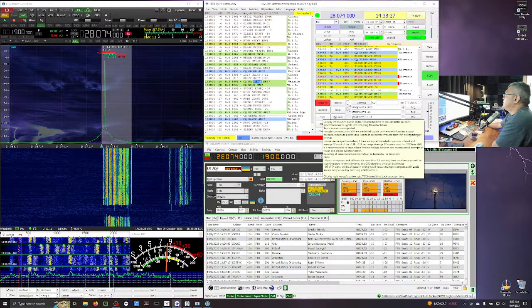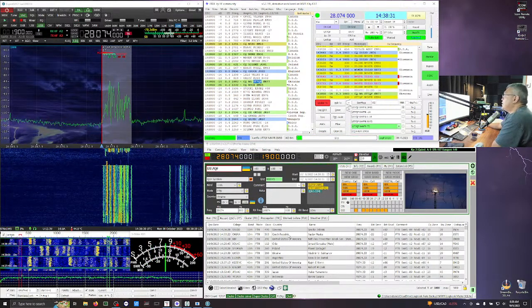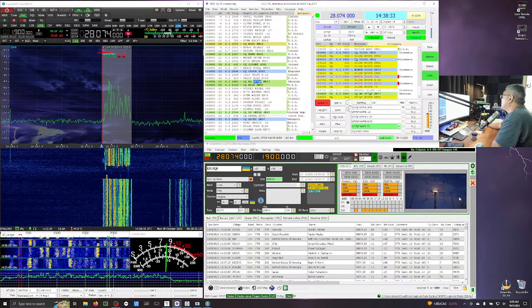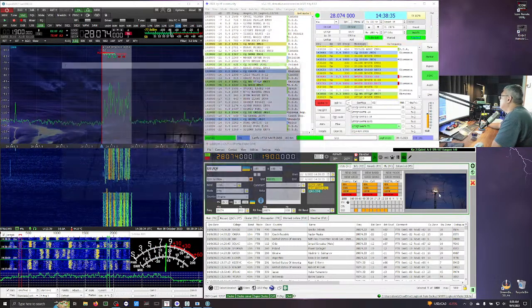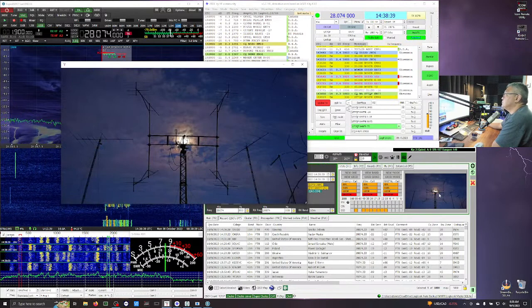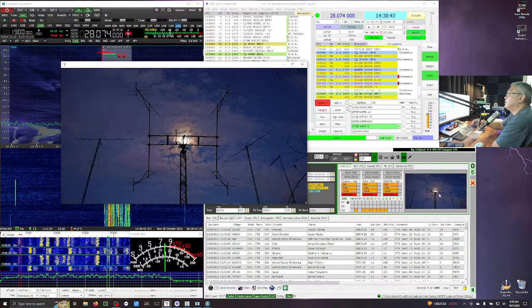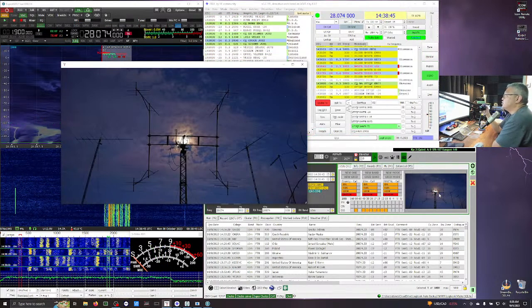Okay, here's a Ukraine station. Igor. Is that his antenna right there? Check out his setup. The sun's behind the clouds right there at the rotor.